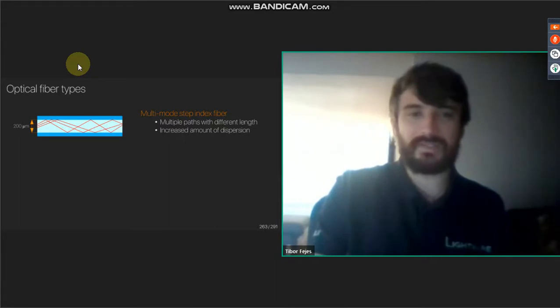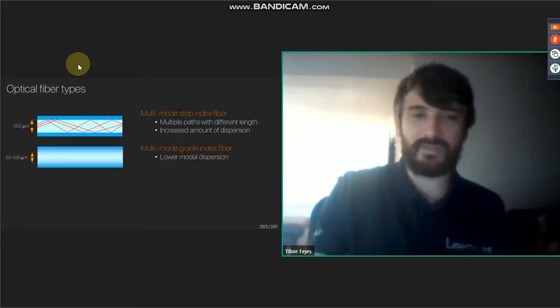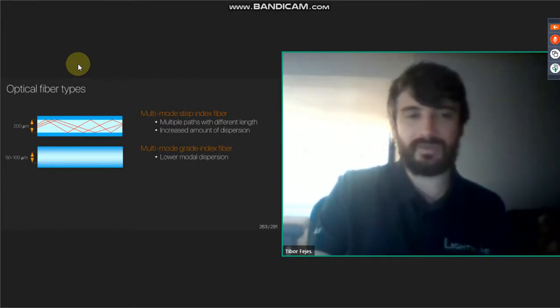So this type of fiber wasn't so great because there was a lot of dispersion. So to improve on it, they came up with multi-mode graded index fiber. And this is where we've got a much thinner core, and there's lower dispersion.